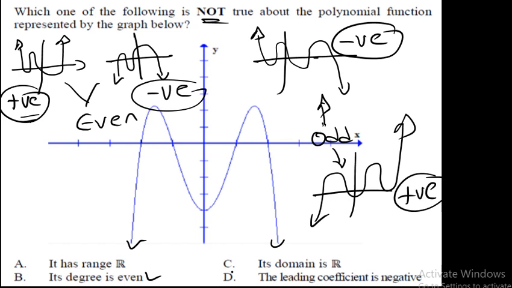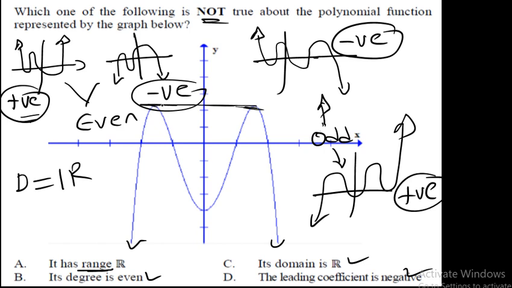Yes, that's true. Don't forget, the domain of a polynomial function, whether even or odd, is always real numbers. So C, its domain is real numbers, is correct again. D, the leading coefficient is negative, both sides down, so it's negative. Yes, that is true. But A, for an odd function the range is real numbers, but for an even function the range depends on the bending point.